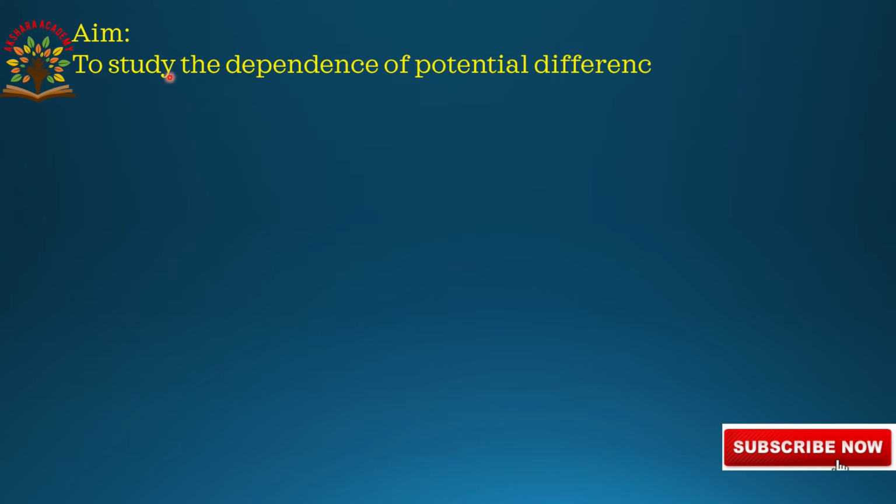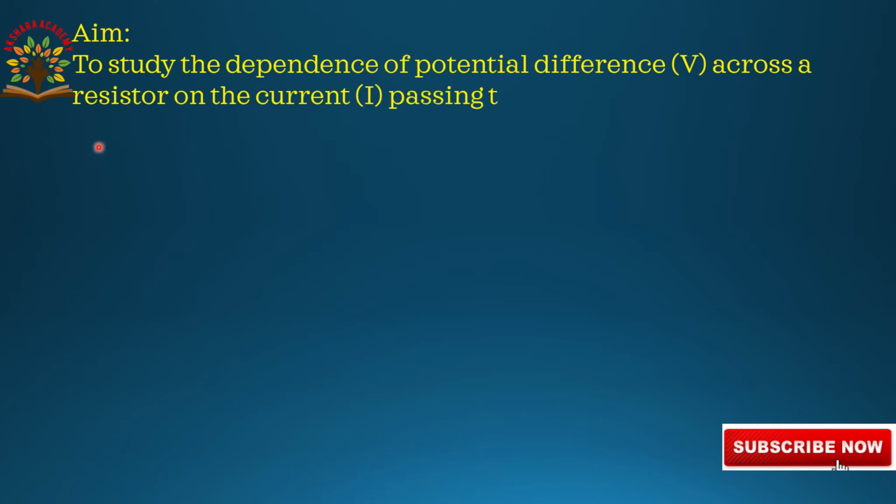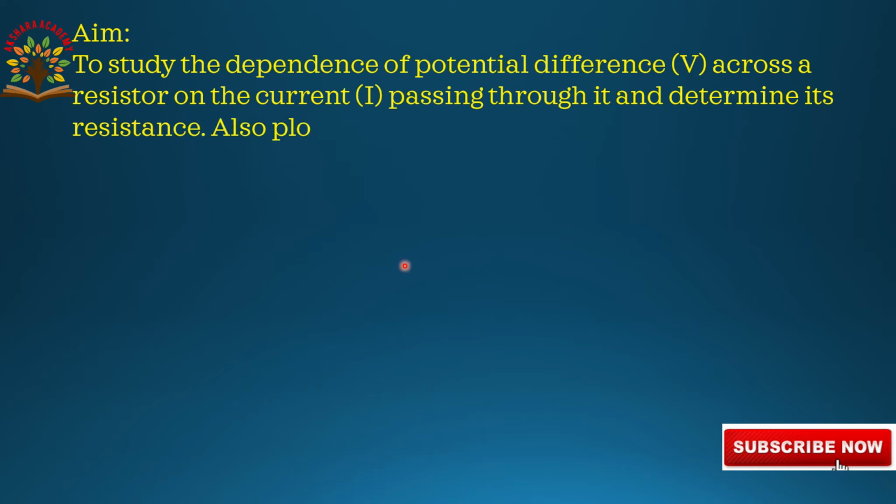Next, aim. Here we are to study the dependence of the potential difference V across a resistor on the current I passing through it, and determine its resistance.